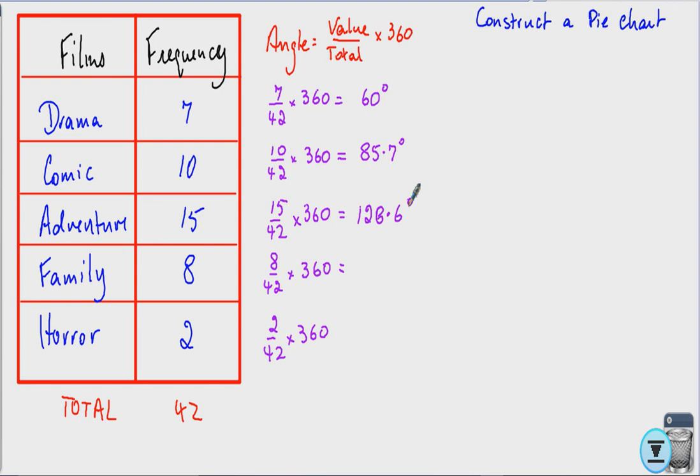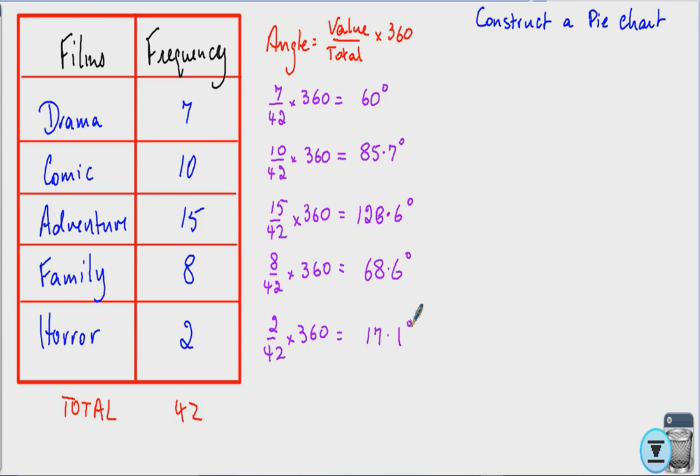Then I have 8 on 42 times 360, which gives an angle of 68.6 degrees. And the last one is an angle of 17.1 degrees. You should always add the total so that you make sure that you've got 360 degrees.